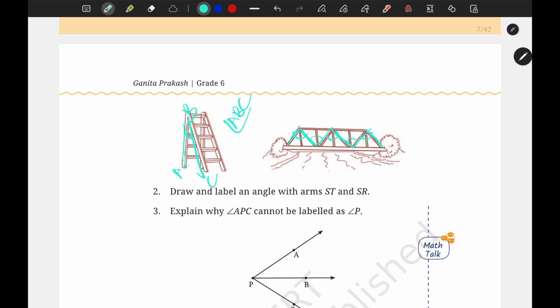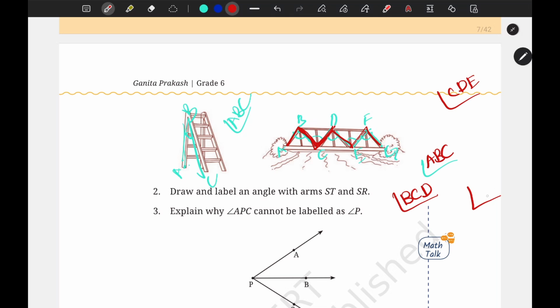So these are the vertices A, B, C, D, E, F, G. So for this angle I am putting ABC, angle ABC, and for this I am putting BCD, for this CDE, for this EFG.